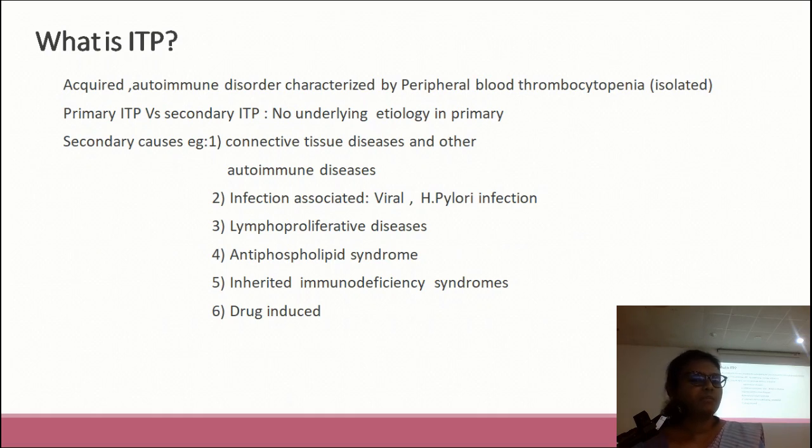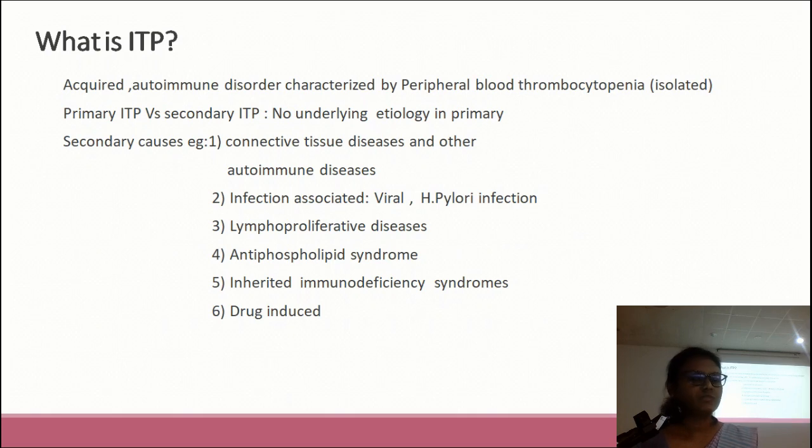In primary ITP, there is no underlying etiology. Secondary ITP has several underlying pathologies like connective tissue disorders, SLE, rheumatoid arthritis, autoimmune thyroiditis.